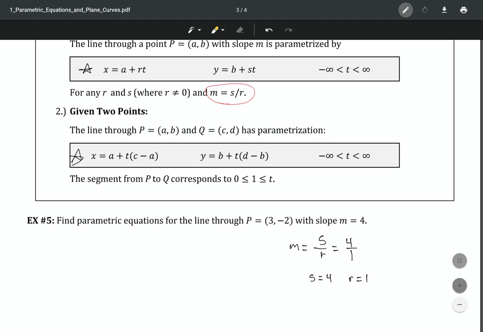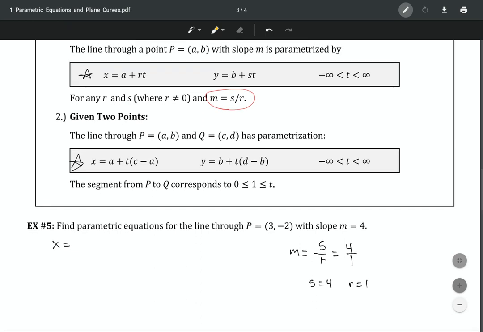And now I can very easily write the parametric equations of these lines. So X is going to be equal to, A would be this point and B would be that point, so this would be 3 plus RT.